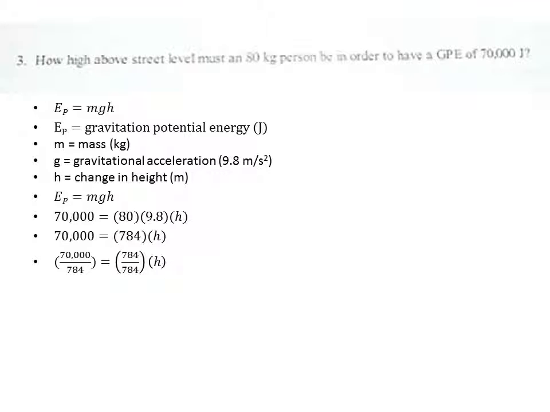Now we divide both sides by 784. 70,000 divided by 784 is approximately 89.3. So a person who is 80 kilograms must be approximately 89.3 meters above street level in order to have a gravitational potential energy of 70,000 joules.